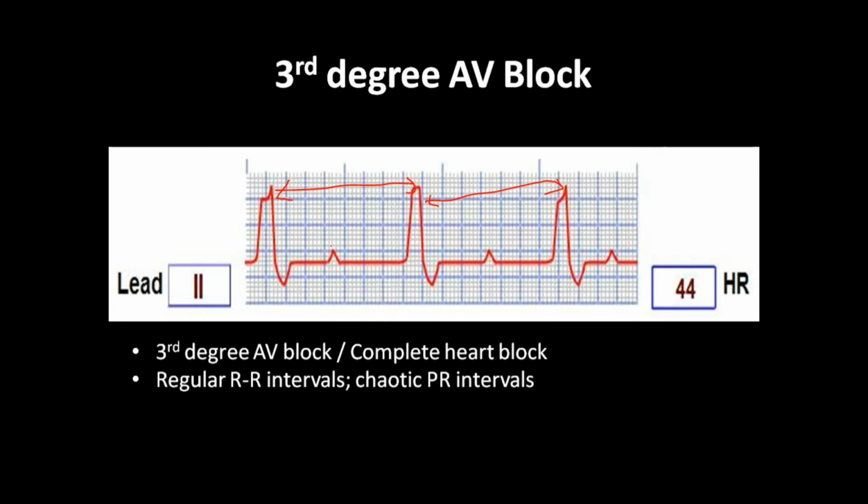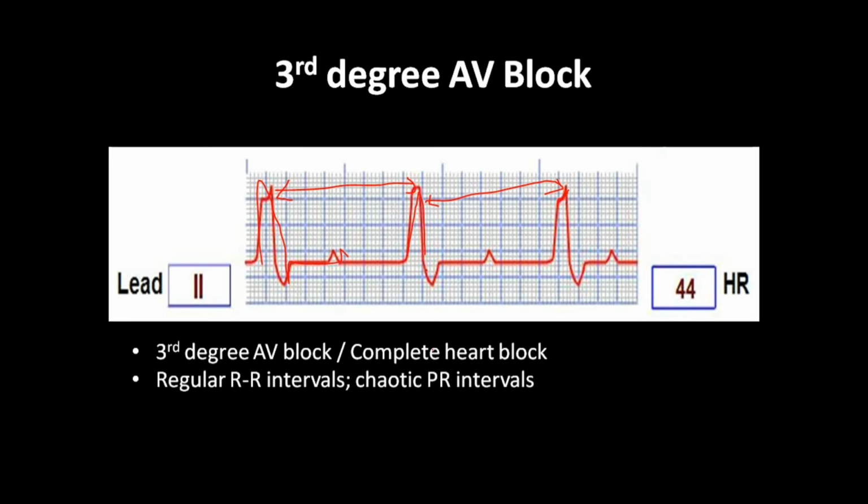So we cannot make out where the PR interval is. It looks like the QRS complex and T wave, and the P wave is overlapping with the QRS in this case. Okay, so this is a bigger P wave, which is overlapped with the QRS complex.